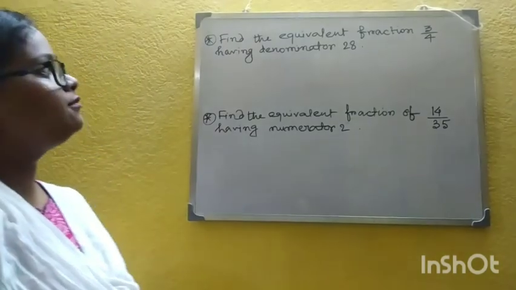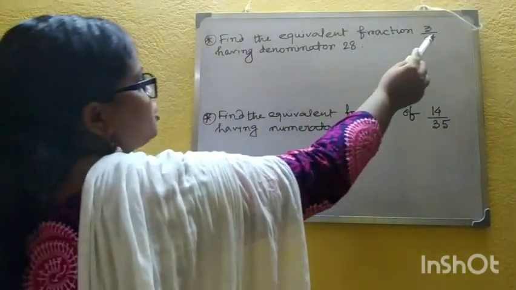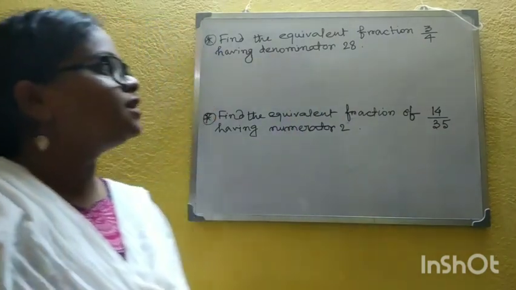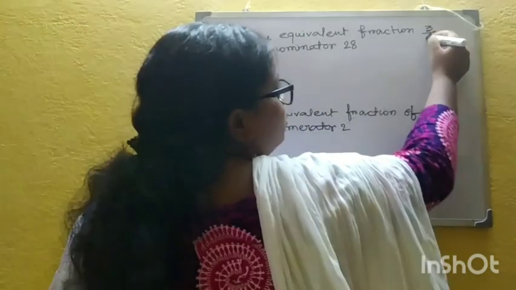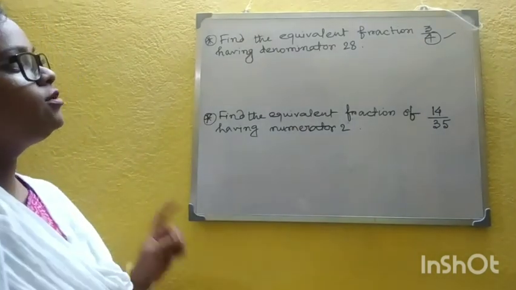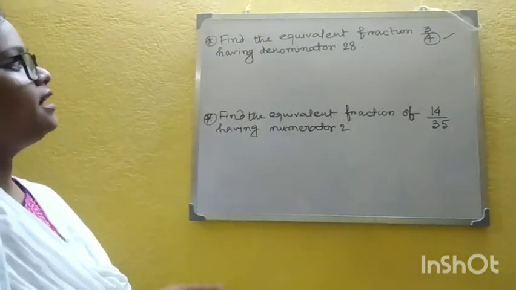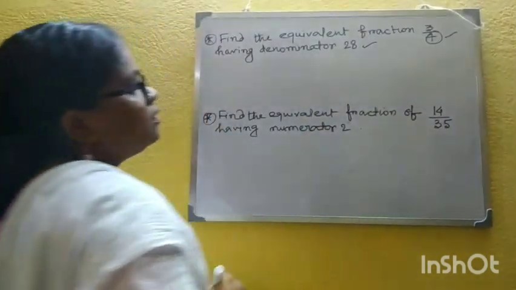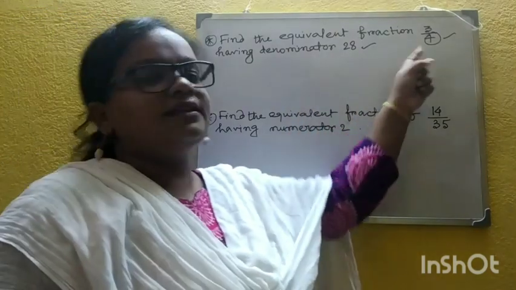Now, we will have to find the equivalent fraction of 3 by 4 having denominator 28. Here the denominator is 4, and we will have to write an equivalent fraction which has denominator 28. Now 28 is greater than 4.